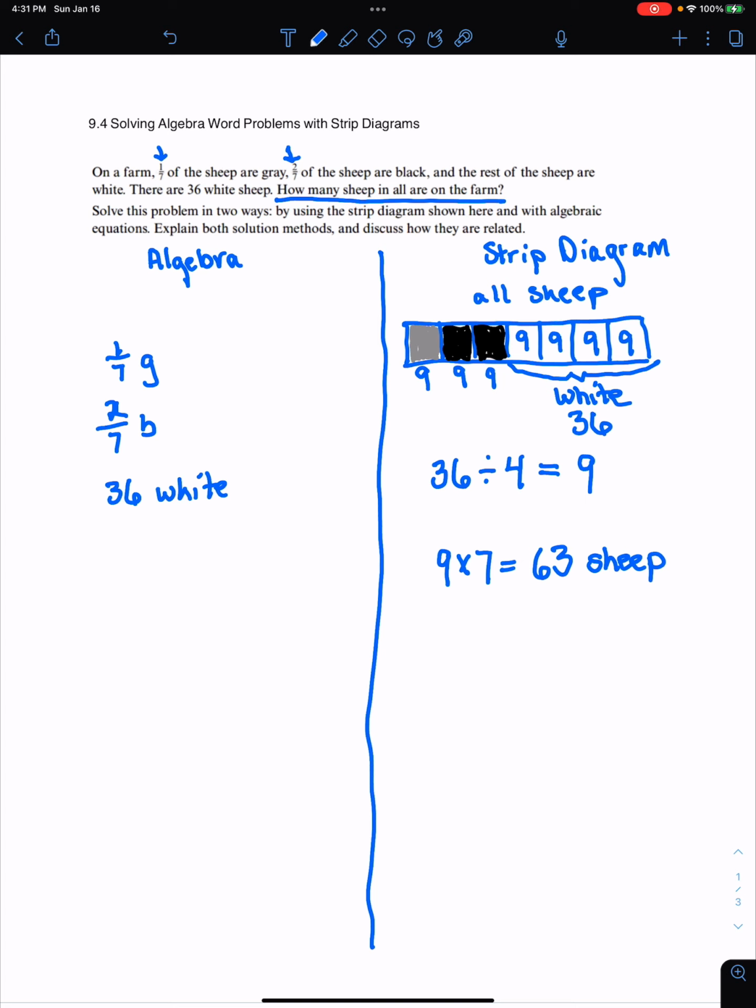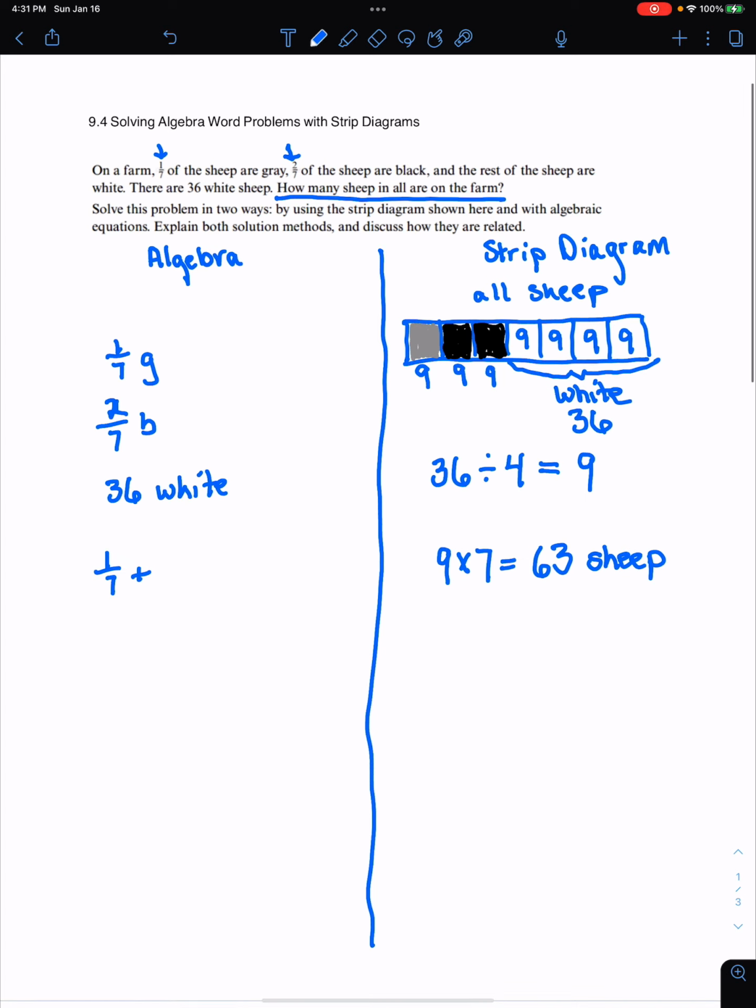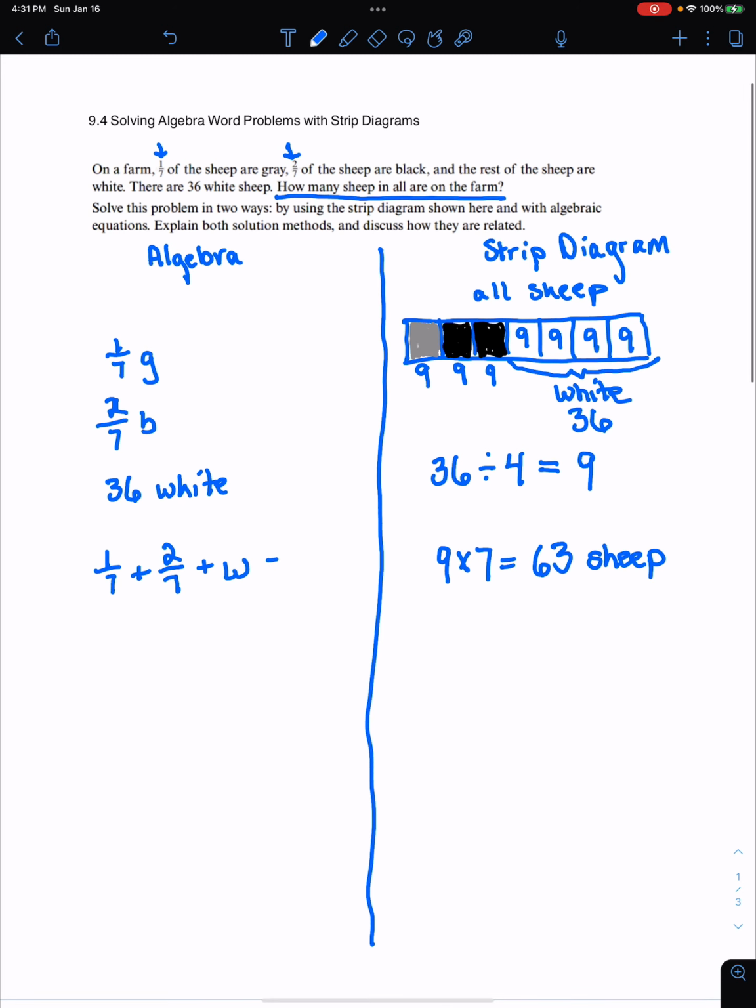So what I could say is 1/7 plus 2/7 plus some number of white sheep should give me a total of 7/7.